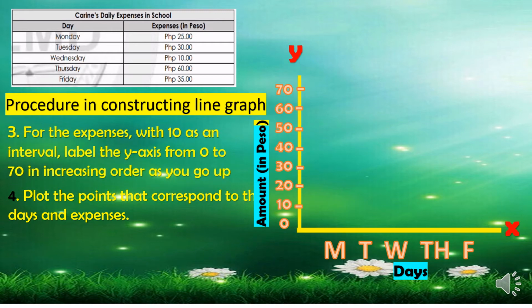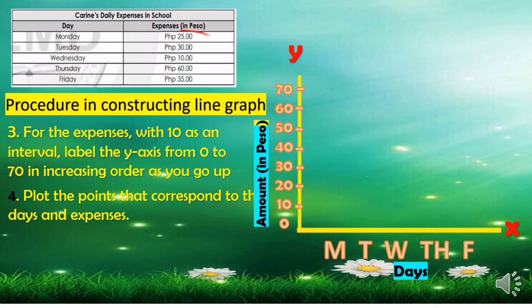For number 3, for the expenses, with 10 as an interval, label the y-axis from 0 to 70 in increasing order as you go up. So we have 0, 10, 20, 30, 40, 50, 60, and 70, and plot the points that correspond to the days and expenses.